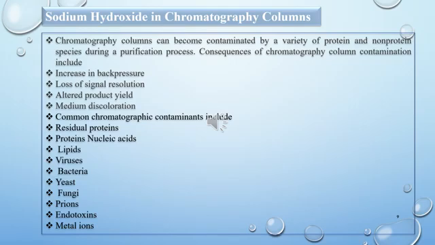So here, dear students, we have discussed that sodium hydroxide in column chromatography is used to remove different contaminants like proteins and non-proteins, in which we have discussed lipids, viruses, bacteria, and yeast.